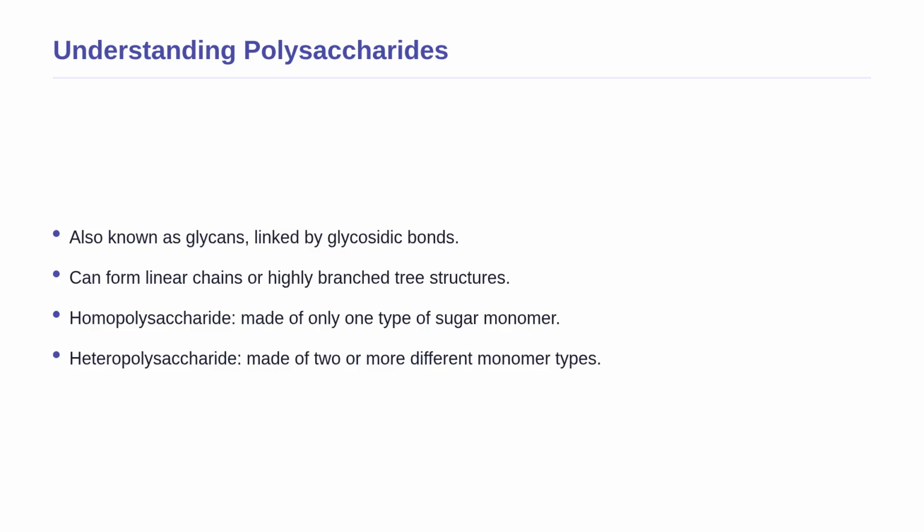These structures can be linear, resembling a straight chain of beads, or they can be highly branched, looking much like a complex tree. When a polysaccharide is built from only one type of sugar monomer, we call it a homopolysaccharide. Conversely, if the chain contains two or more different types of sugar monomers, it is known as a heteropolysaccharide.